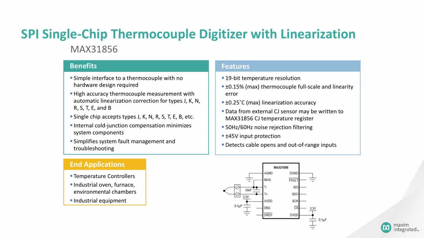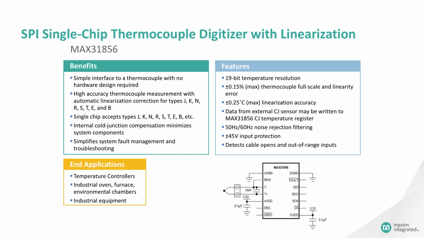With use of its onboard temperature sensor or with user-supplied temperature data, the MAX31856 automatically performs cold junction compensation and linearization correction, which greatly increases the accuracy with few to no required external components or system software.